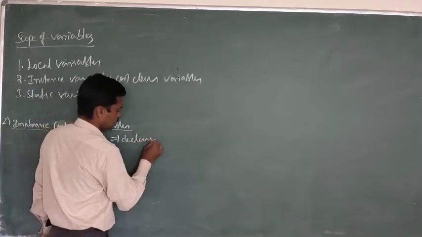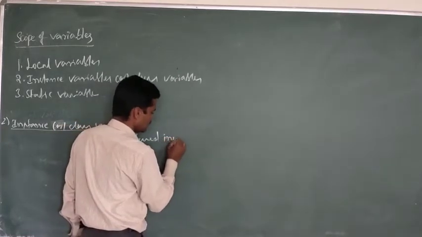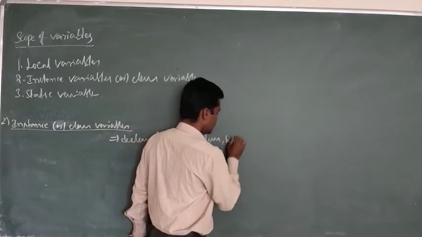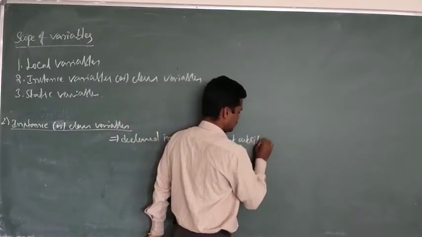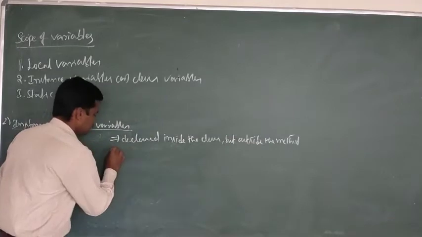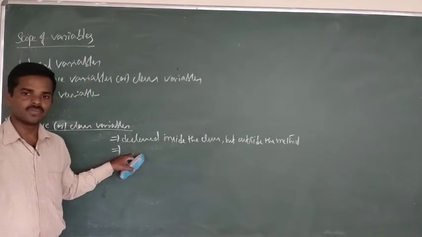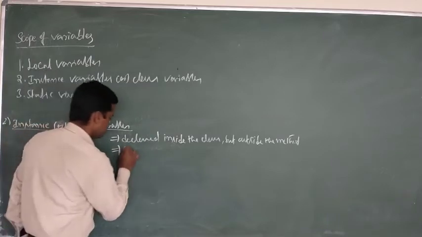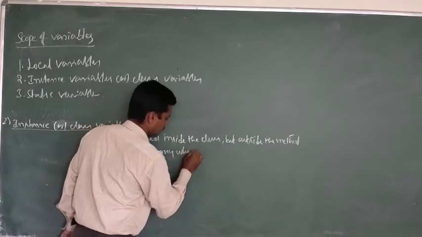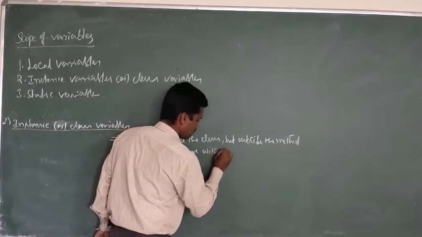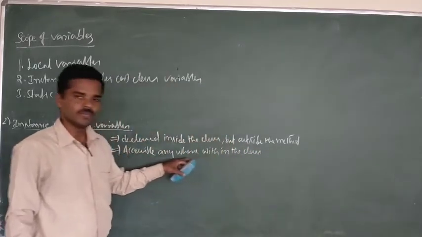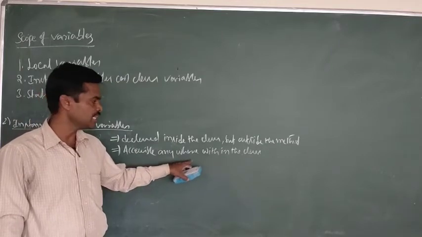These variables are declared inside the class, but outside the method. They are accessible anywhere within the class, in any method, any constructor, any block.